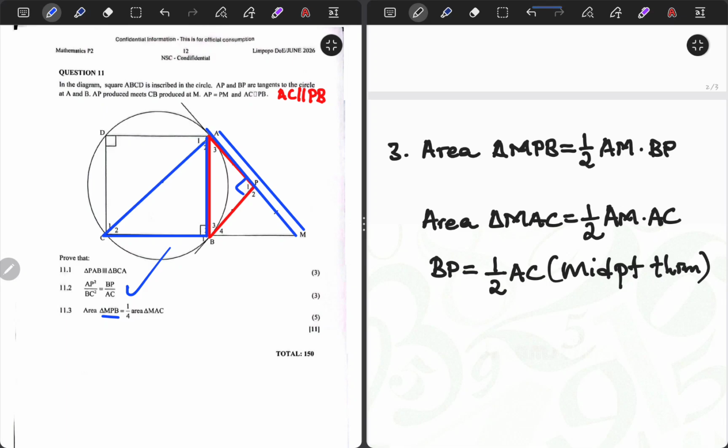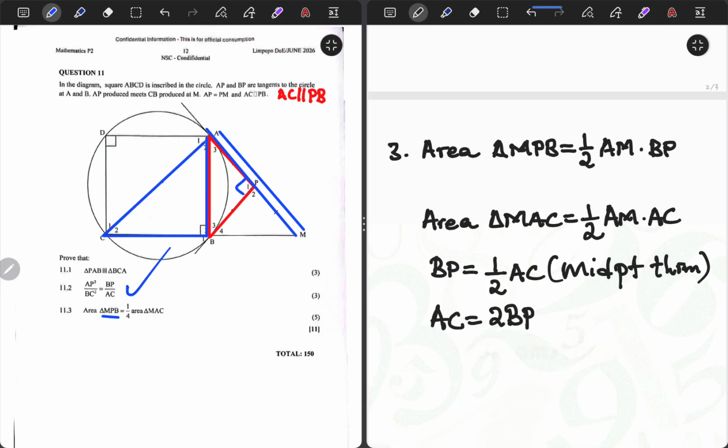This is where we talk about the midpoint theorem. Meaning that where there is AC, you can replace by 2 of what?